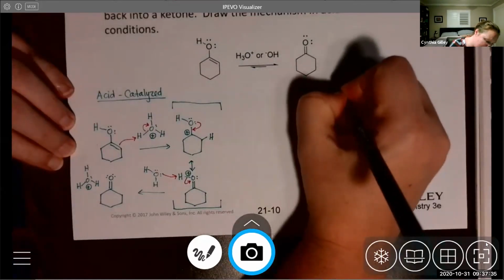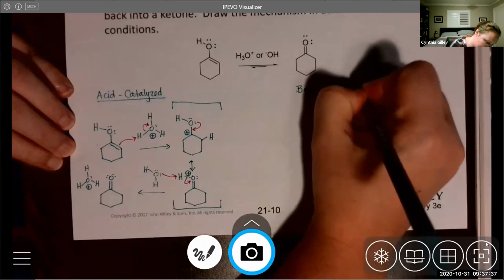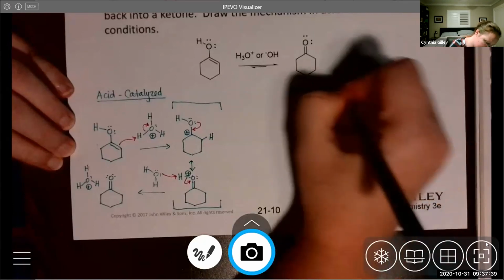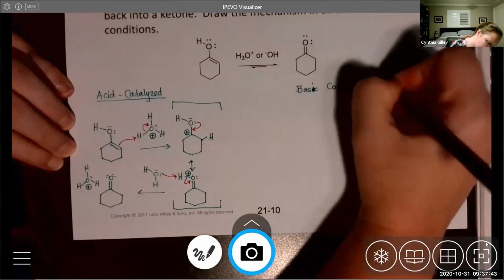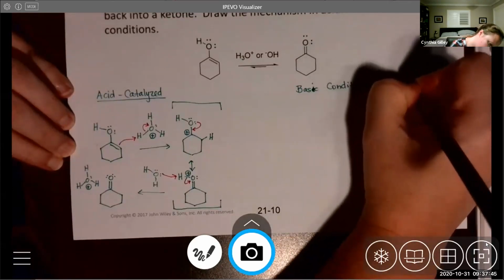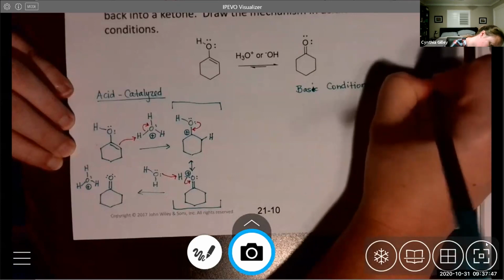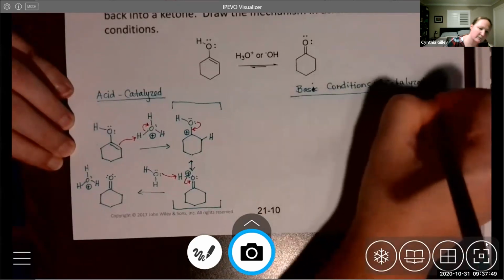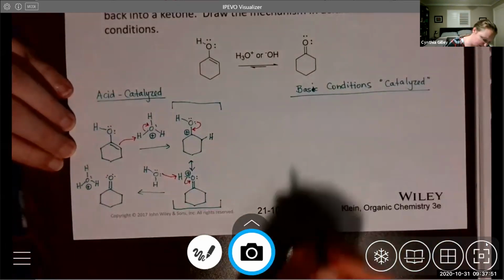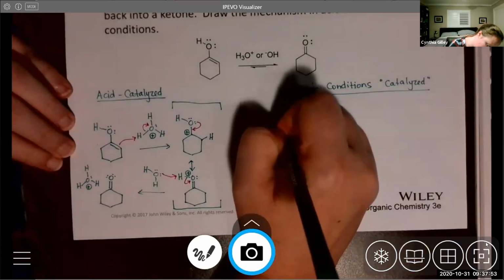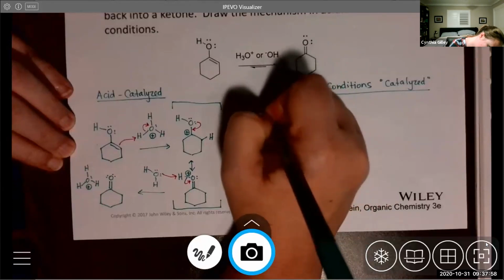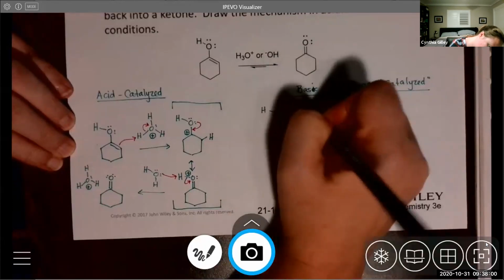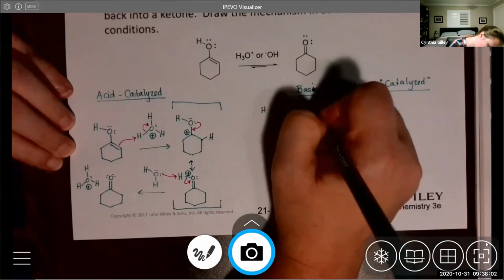We have a base catalyzing. I'm going to go ahead and draw out the starting enol again, and some hydroxide.